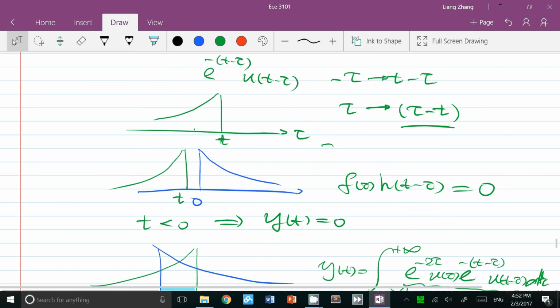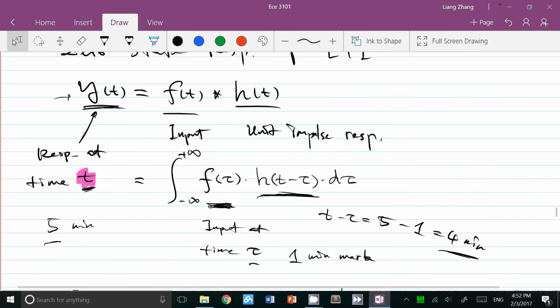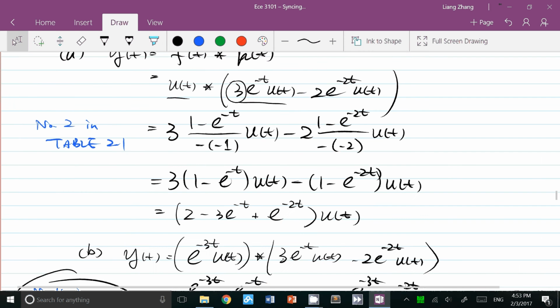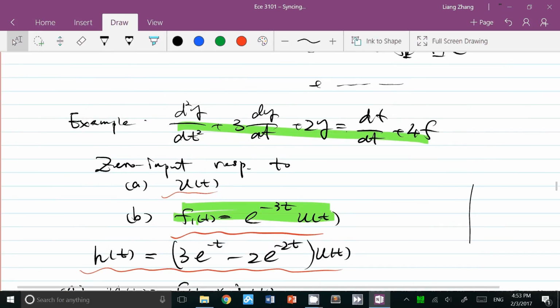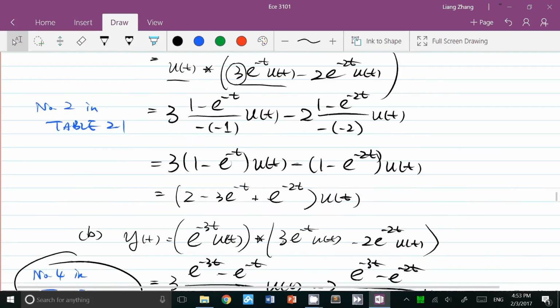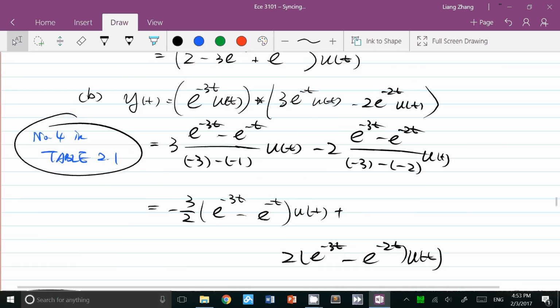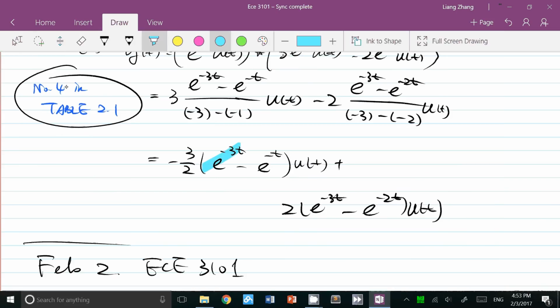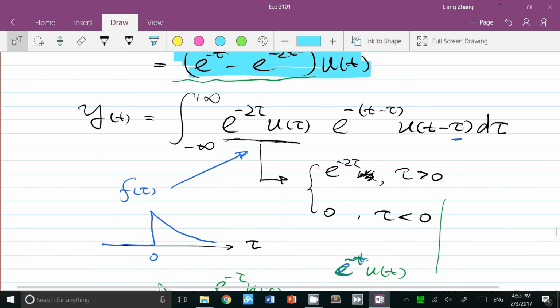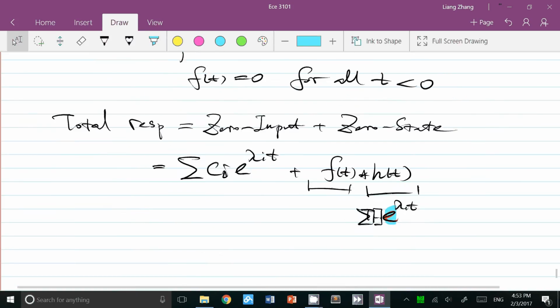For example, in our earlier example, when h of t has e to the negative 2t and my input f has a new exponential term e to the negative 3t, the corresponding output will have this e to the negative 3t term as well, in addition to the e to the negative t and e to the negative 2t. So you have some additional terms that come from your f of t.